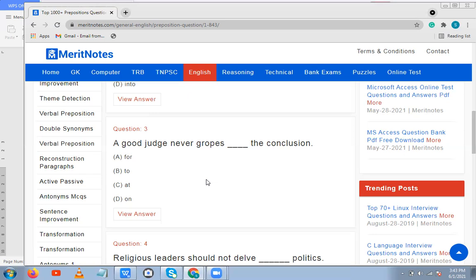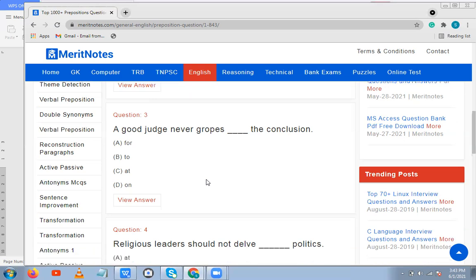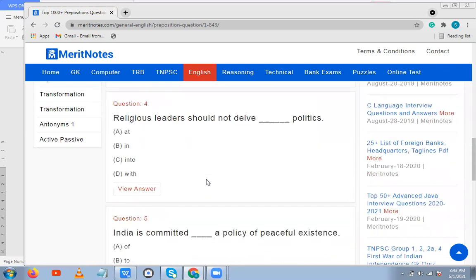Okay, finished. Moving on. Are we done? Yes, ma'am. Number 4, religious leaders should not delve dash politics. Delve means getting too much involved.